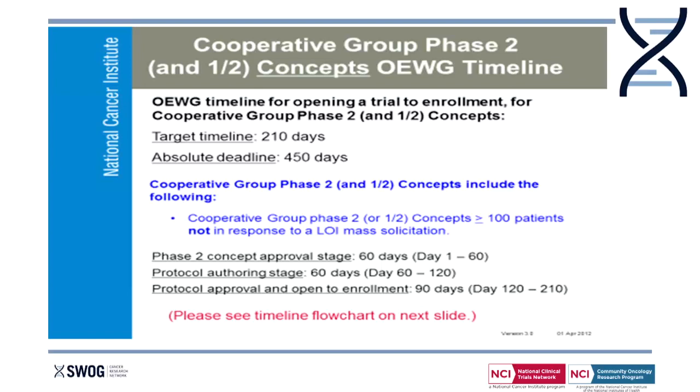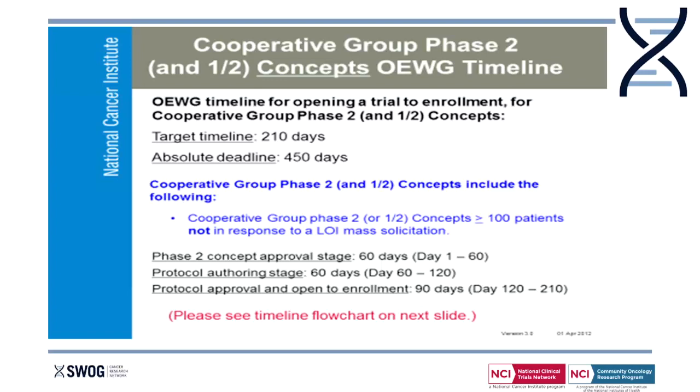Even recognizing that there's a lot involved in developing a protocol document, the NCI still wanted to establish some definitive timeframes for when and how studies should move forward. There's a recognition that phase 3 studies are definitely more complicated than phase 2 studies, and that there should be a longer target timeline for phase 3 studies.